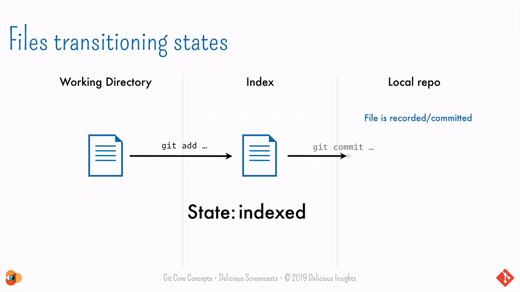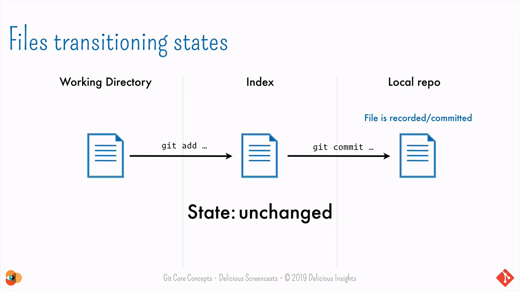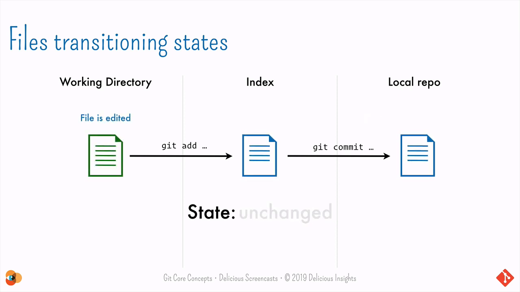We then greenlight the index and create the commit, which makes the file appear unchanged because its snapshot in the new base commit matches that in the index and the version in our working directory. If we now modify the file, it will be, guess what, modified, as Git sees it's different from the snapshot in the index.